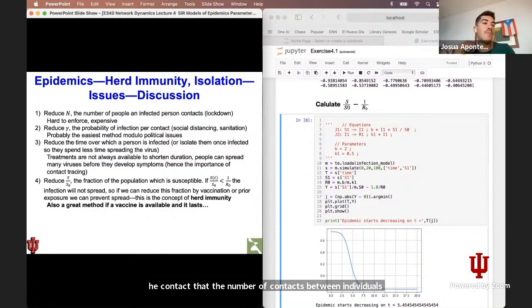Masks or sanitation are the type of policies that might help reduce this R naught number.